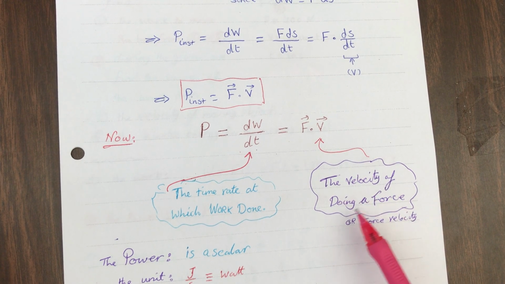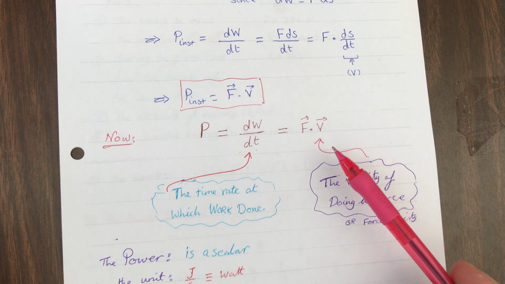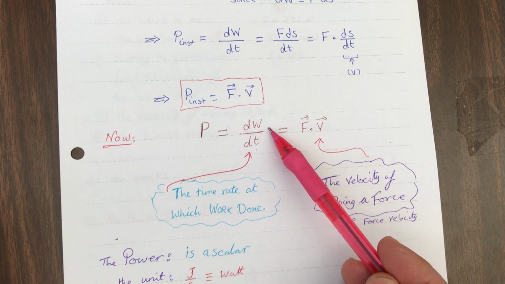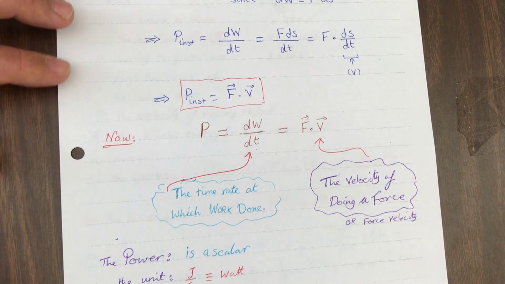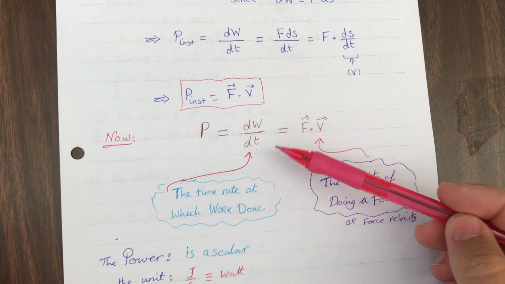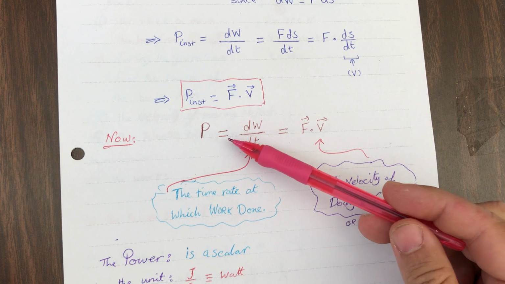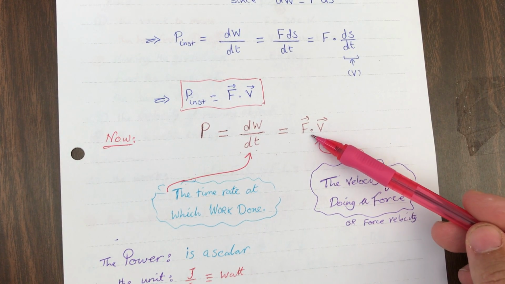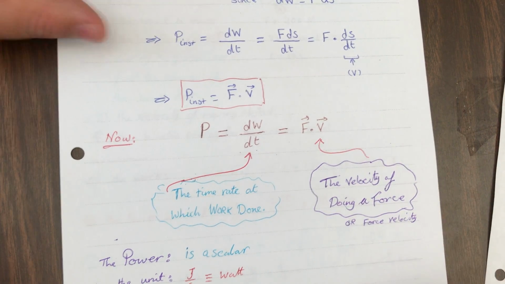Also, the force times the velocity is the power. If your time for your work is short, then your power is high. If your velocity, when you are applying a force, is high, then your power is also high.